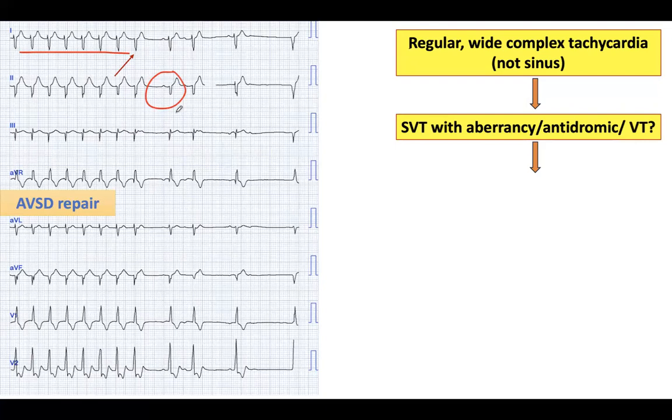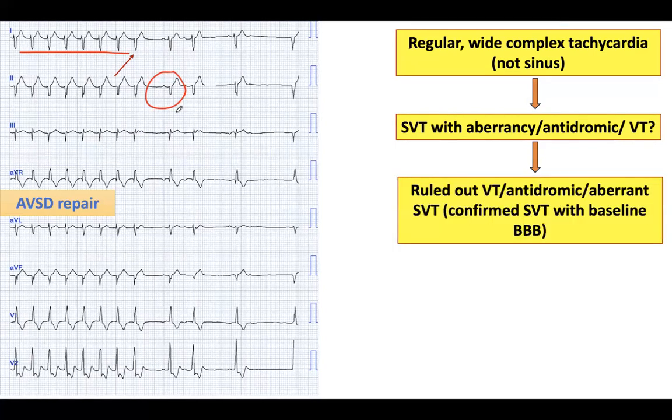And with VT, the same thing, and VT usually doesn't terminate with adenosine, right? So you ruled out VT most likely. There are some VTs that are responsive to adenosine, but we don't want to complicate things. You ruled out antidromic SVT, and you're left with aberrant SVT, but because the baseline ECG is with right bundle branch block, this was an SVT with baseline bundle branch block.